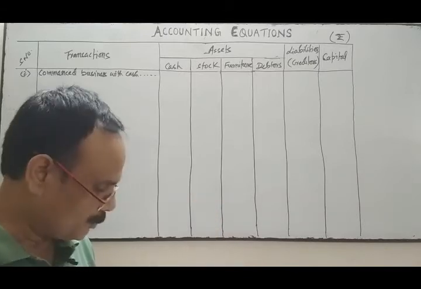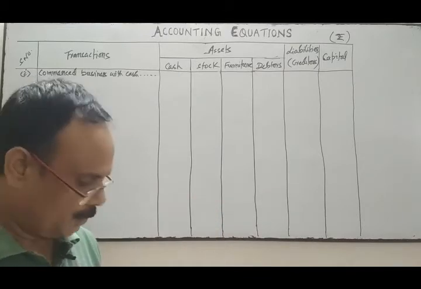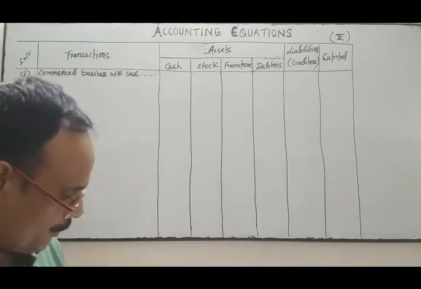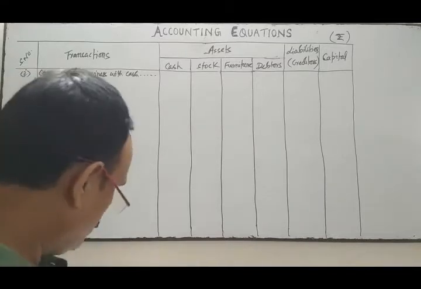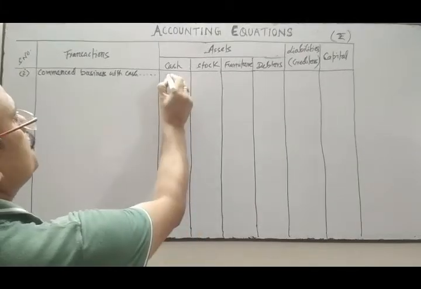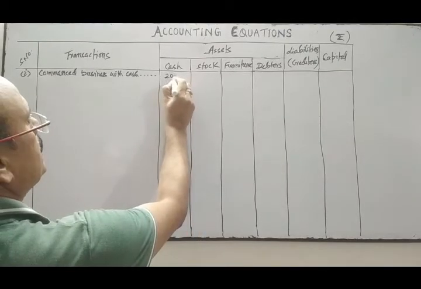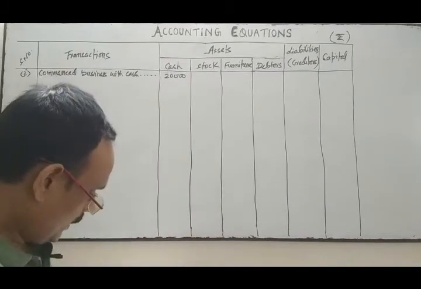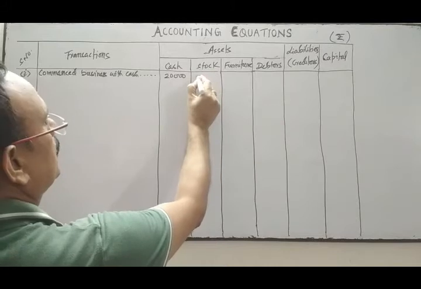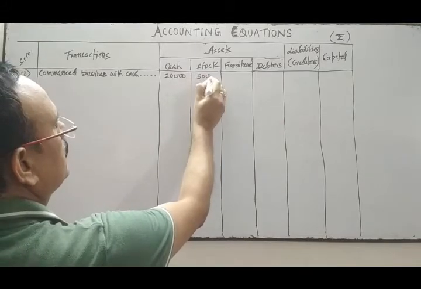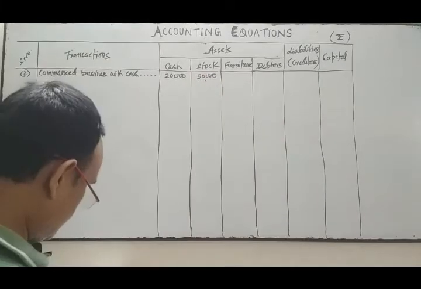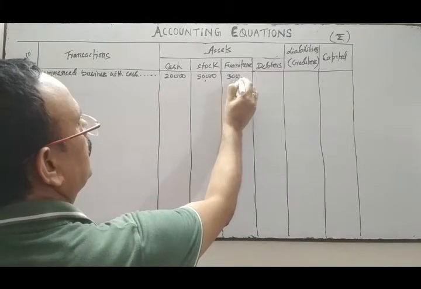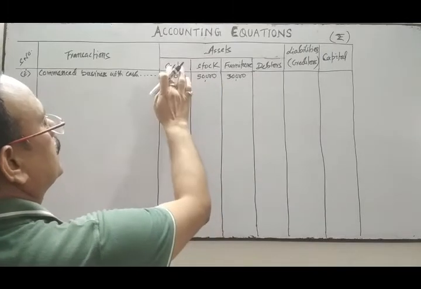Commenced business with cash rupees 20,000, goods rupees 50,000, and furniture rupees 30,000. So commenced business with cash rupees 20,000 in the cash column, goods in the stock column 50,000, and furniture rupees 30,000 in the column of furniture.